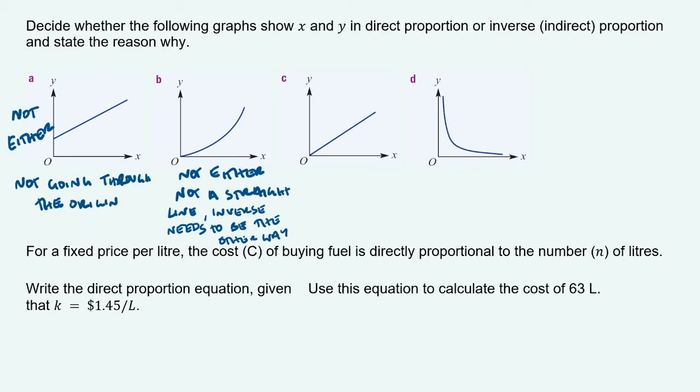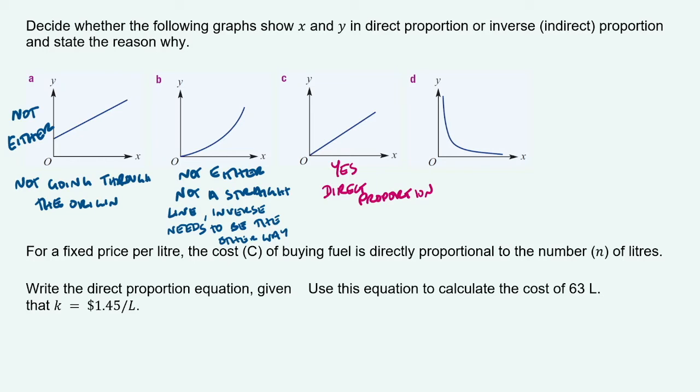Okay, let's look at y now. Y, yes, it is a straight line. Yes, it goes through the origin. So this one is yes, direct proportion. And as I said, it goes through the origin and is a straight line. Our last one, no, it doesn't go through the origin. No, it's not a straight line.